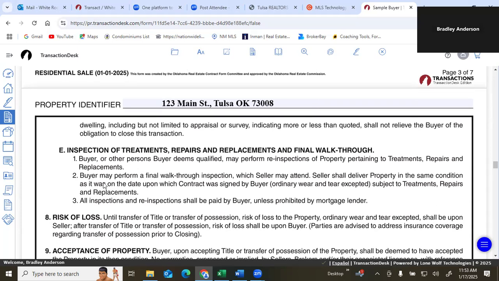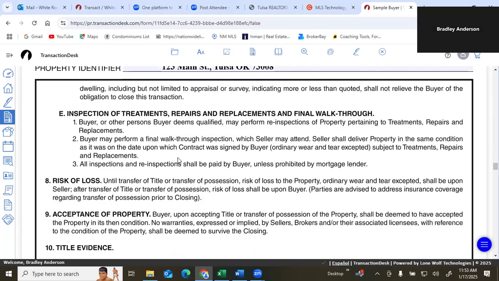Paragraph 7E, inspection of treatments, repairs, and replacements, and final walkthrough. Buyer or other person buyer deems qualified, so it doesn't have to be the buyer, may perform a reinspection of the property pertaining to all those things they asked for. Buyer may perform a final walkthrough inspection, which the seller actually may attend.